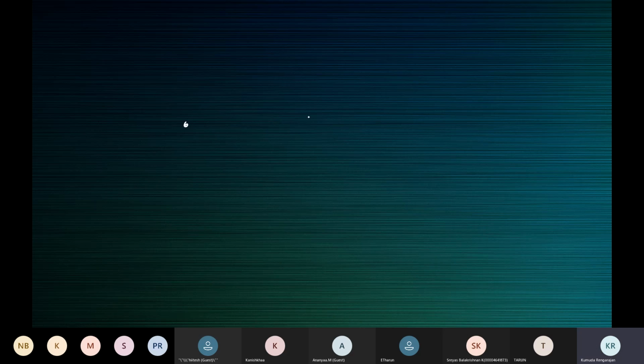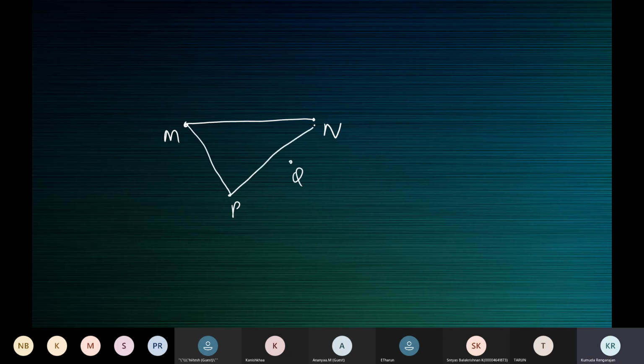Supposing we have 2 points M and N, and this is the line segment joining the 2 points M and N. Now this line segment MN subtends 2 other angles at the points, say P and Q, such that angle MPN is equal to angle MQN.